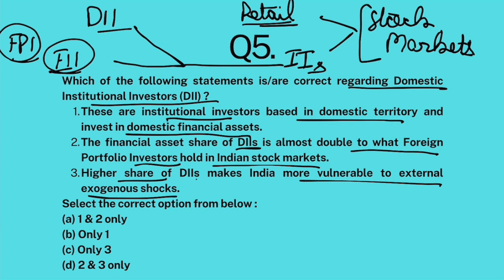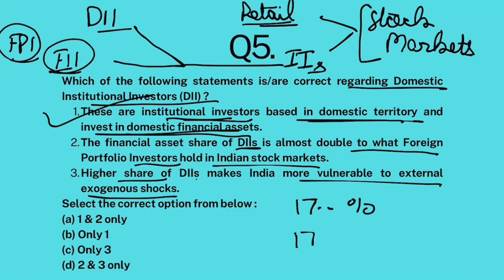Clear? So DIIs are those institutional investors based in domestic territory and invest in domestic financial assets like shares or bonds. Absolutely correct. Now, in India, DIIs hold 17 point something percent of financial assets, and FPIs also hold some 17.22% of financial assets.